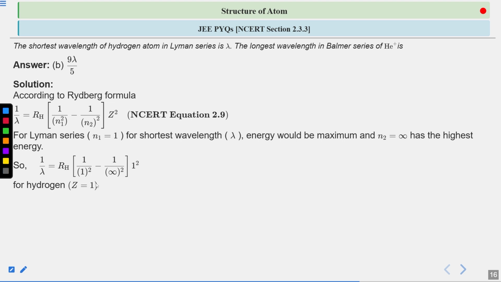So we have taken hydrogen, therefore we have taken z as 1, because the atomic number of hydrogen is 1. Put all the values, and you will clearly get a very simple equation at the last, which tells us that your Rydberg constant is equal to 1 by lambda. Take it as equation 1.